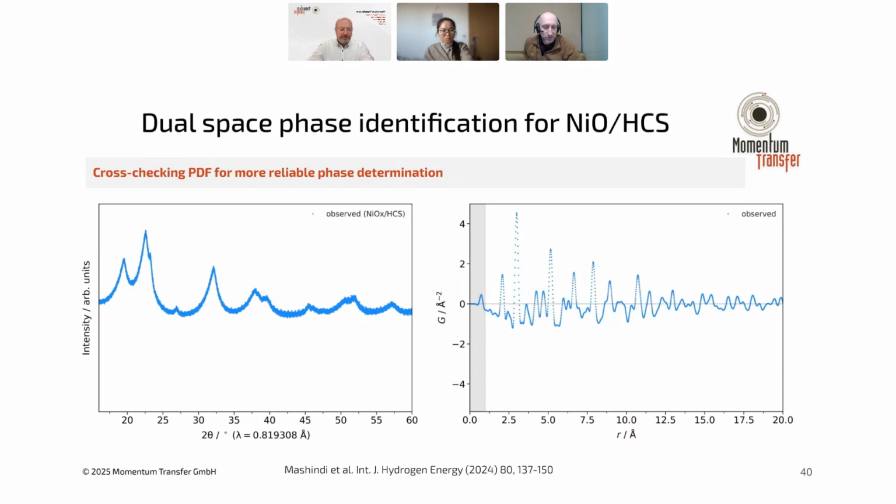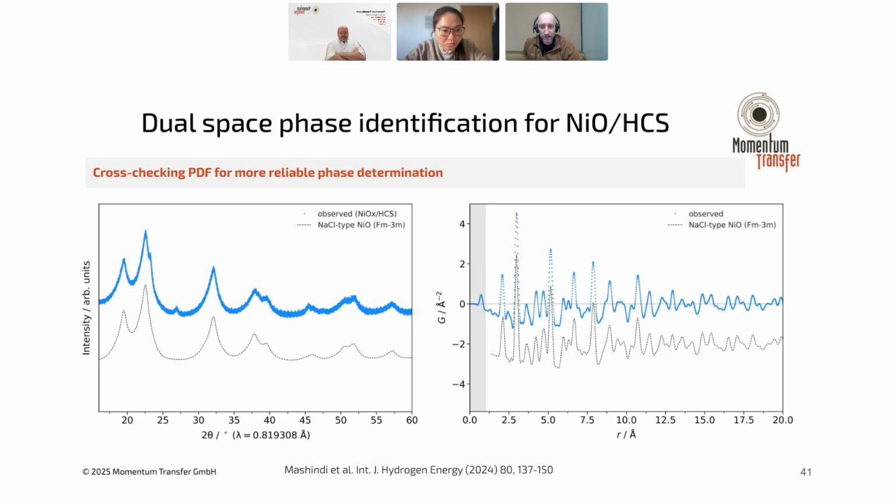And so we try to do standard search match phase detection with patterns like this. And it's not great because the peaks are really broad, but since the structures for these materials are relatively simple, that makes it a little bit easier in this case.